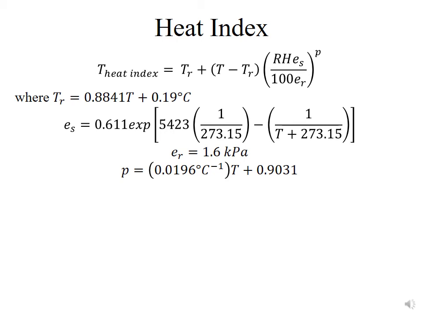We divide that by 100 to get a number that is less than 1. So we're multiplying that times our E sub S over ER. And that whole quantity is raised to the P power, which is 0.0196 degrees per degree Celsius to the -1 times temperature plus 0.9031.